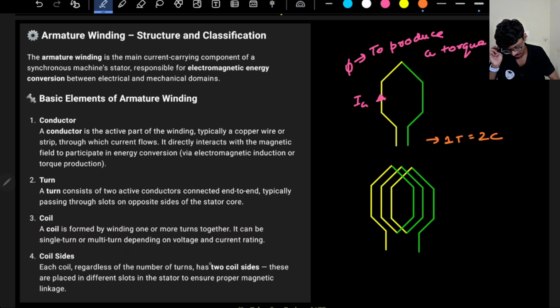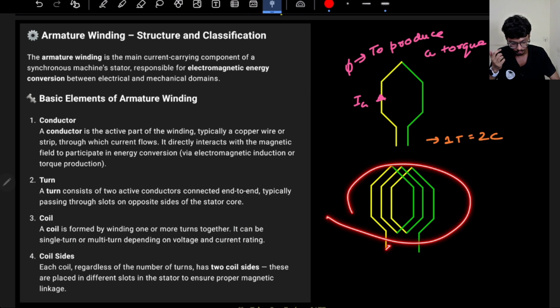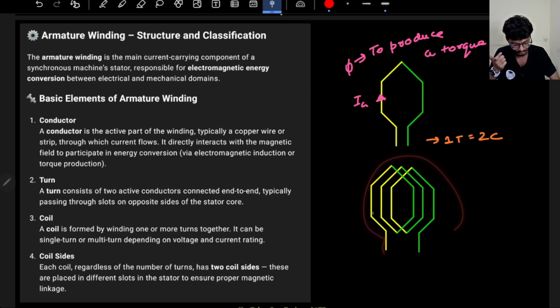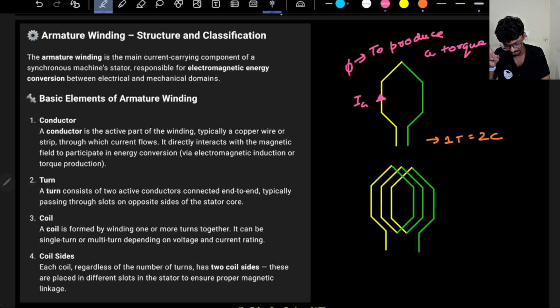A coil is formed by winding one or more turns together. It can be single turn or multi turn depending on voltage or current rating. So this is a multi turn coil, right? Why? Because a single coil has multiple turns. This is one turn, this is another turn, and so it has three turns. How many conductors does it have?